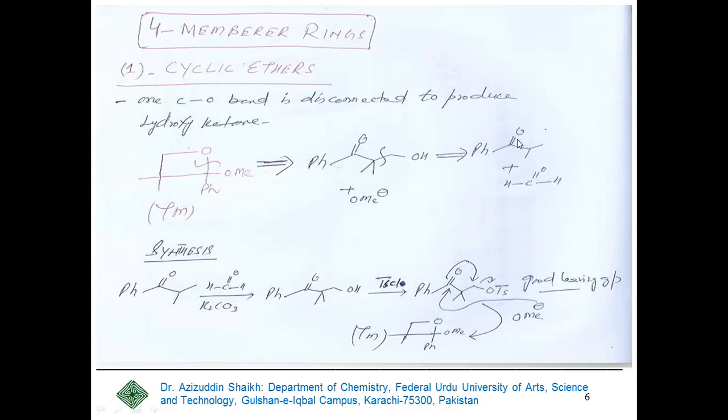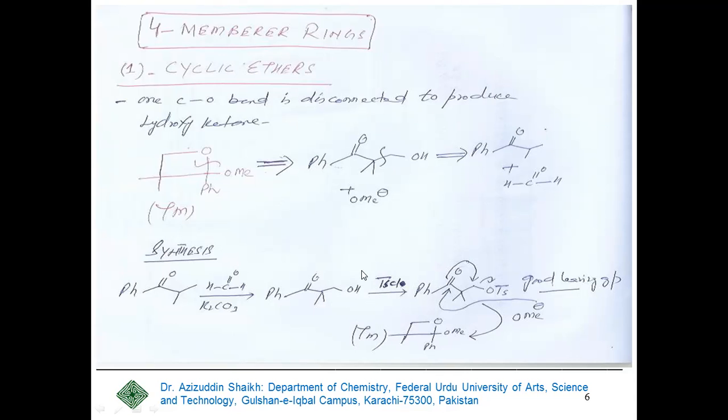This is the synthesis. We start from this reagent, which reacts with formaldehyde and potassium carbonate as a base. The base abstracts the alpha proton, and this nucleophile attacks this carbonyl, then a hydroxyl group will be obtained.